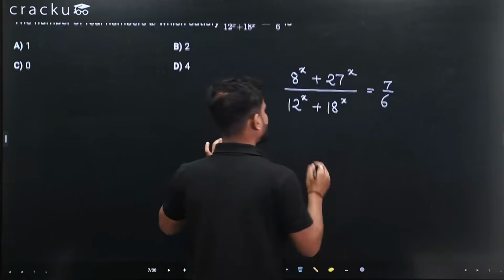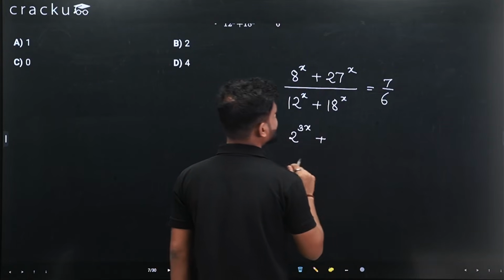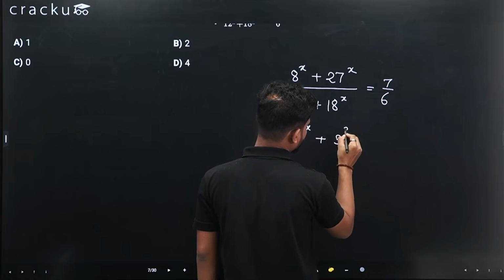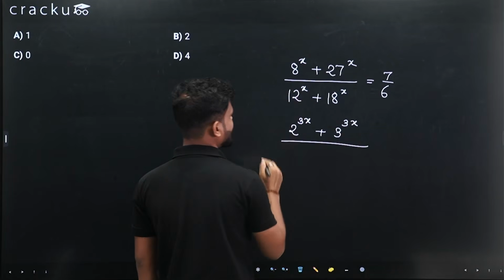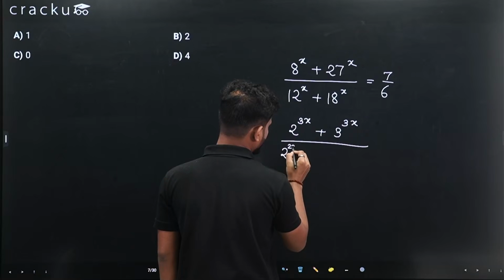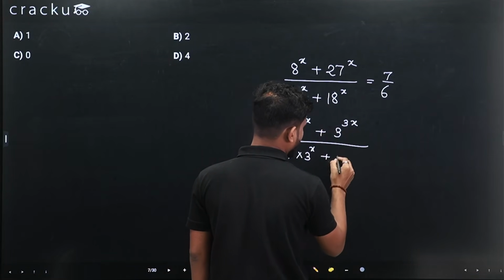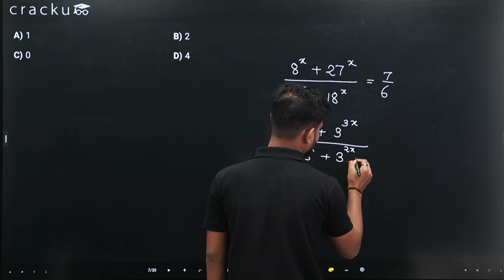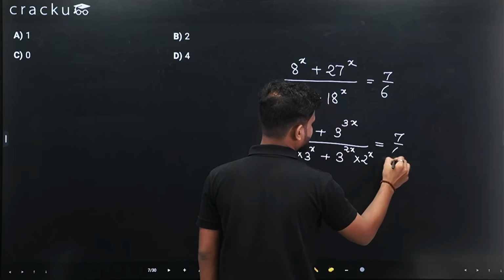So 8 raised to x is nothing but 2 raised to 3x, plus this is 3 raised to 3x, upon, you can write this as 4 into 3 raised to x or 2 raised to 2x into 3 raised to x, plus this you can write 3 raised to 2x into 2 raised to x, is equal to 7 by 6.